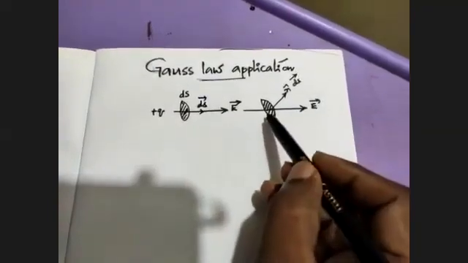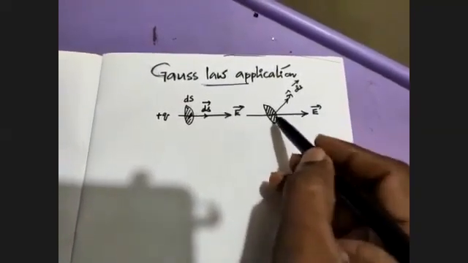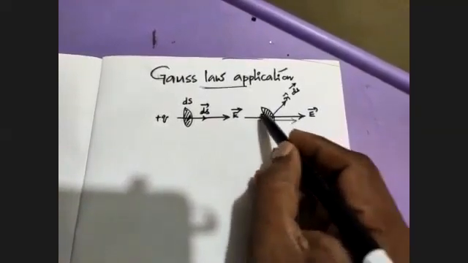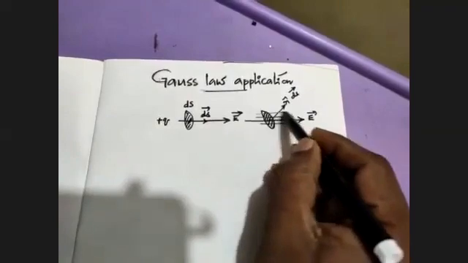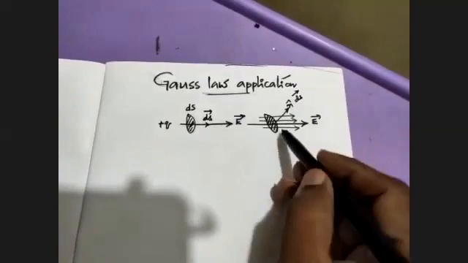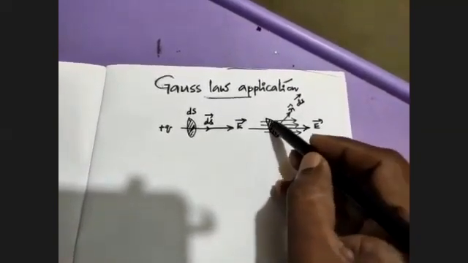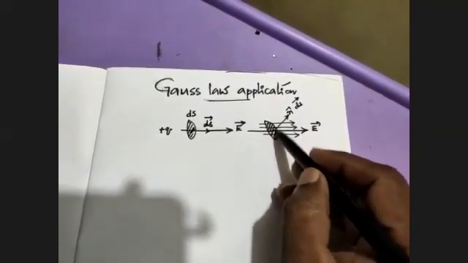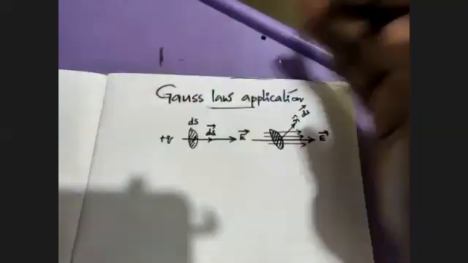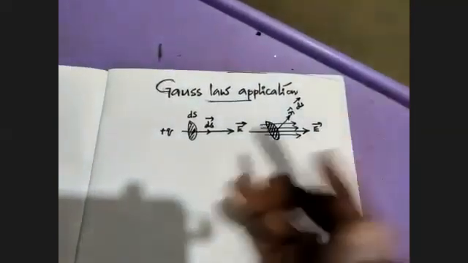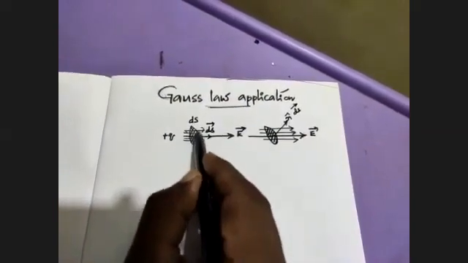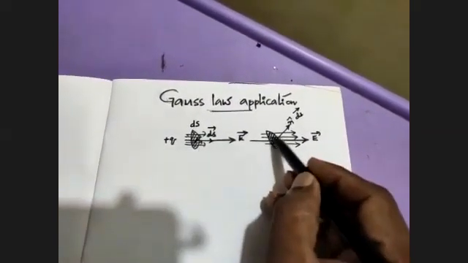Because our definition says the number of electric field lines passing through this area. See, if I draw it oriented upside, all these lines won't go through. They are not spreading uniformly. So the area is in a different orientation and the electric field in a different orientation. Here, all electric field lines will pass through the total area. Here they cannot pass through.